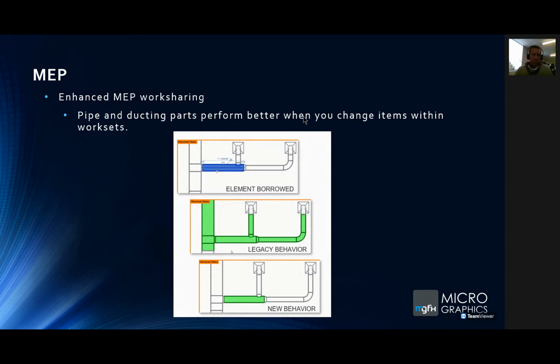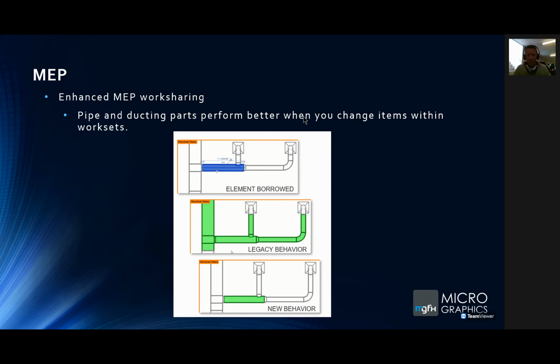All right. Then looking at still MEP and the work sharing thereof. Work sharing, mainly you've got a central file, and each person has got their own copy of the central file on their local machine, and everybody works on the same central file. Now, they've just improved that a little bit, and there's an example.